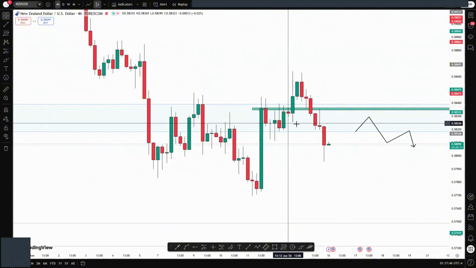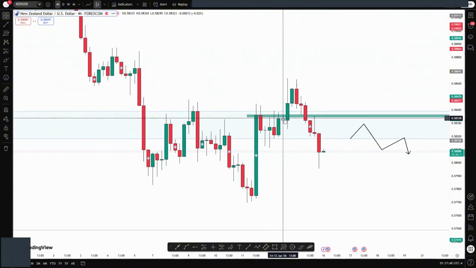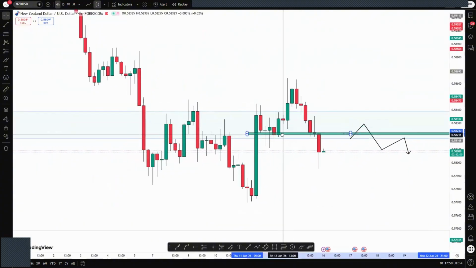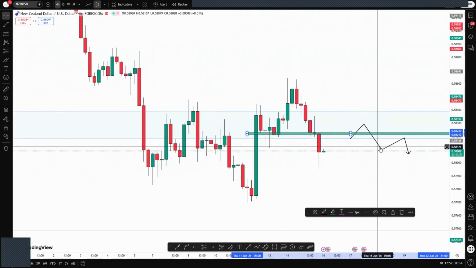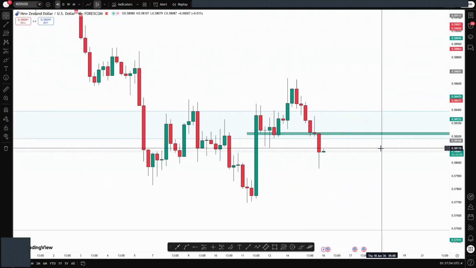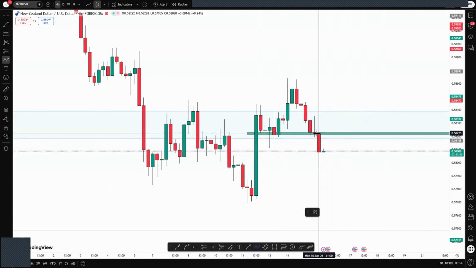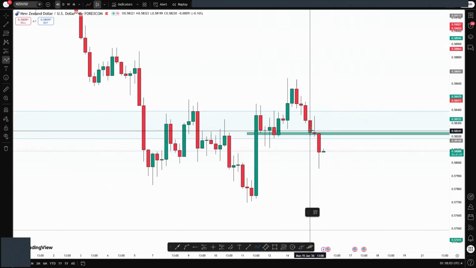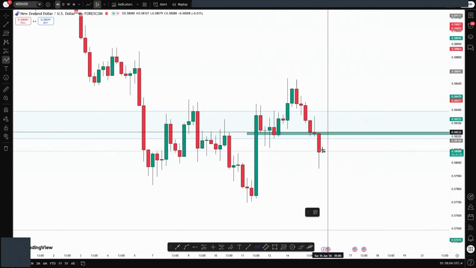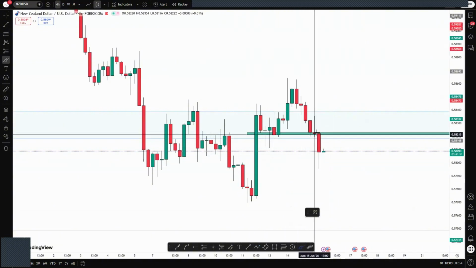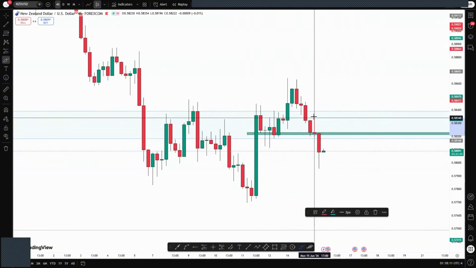At this point here. You see? But if you remember, the goal was we want price to make at least, in short, the next candle started at this point here.